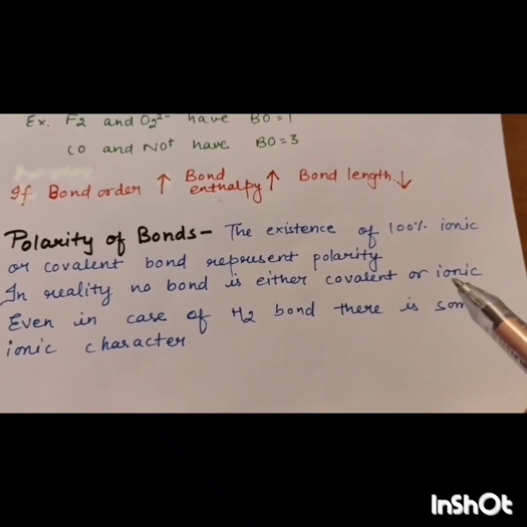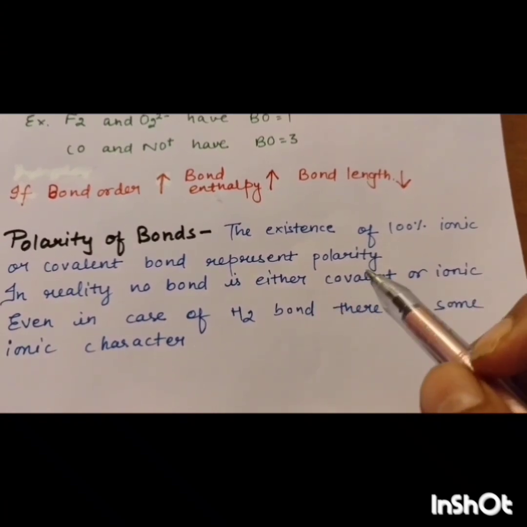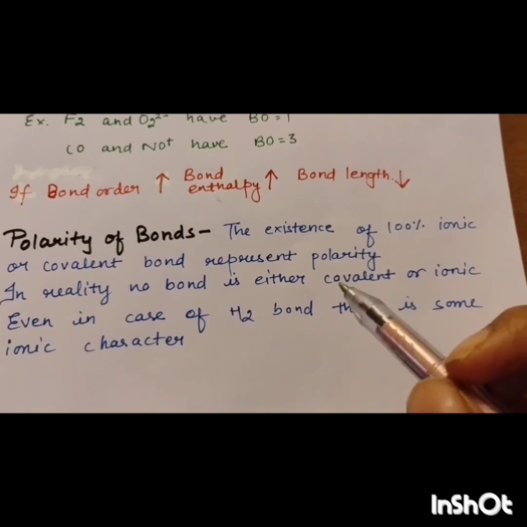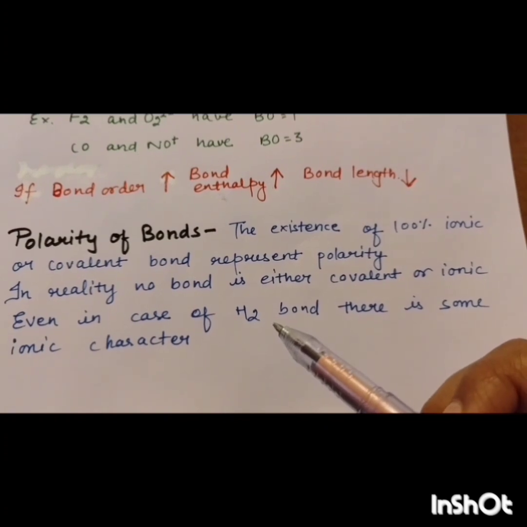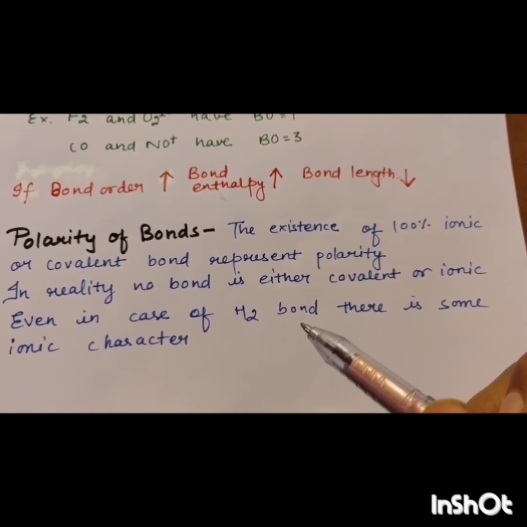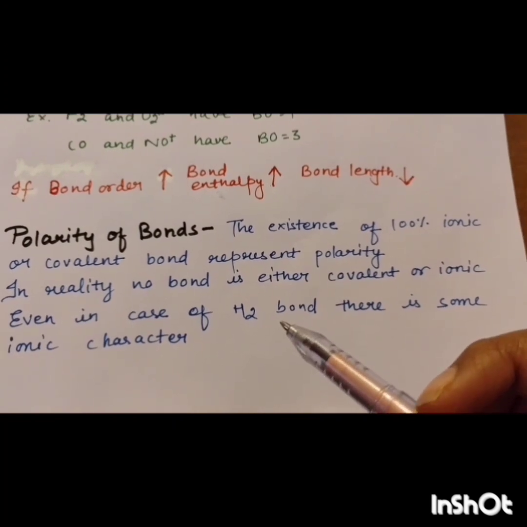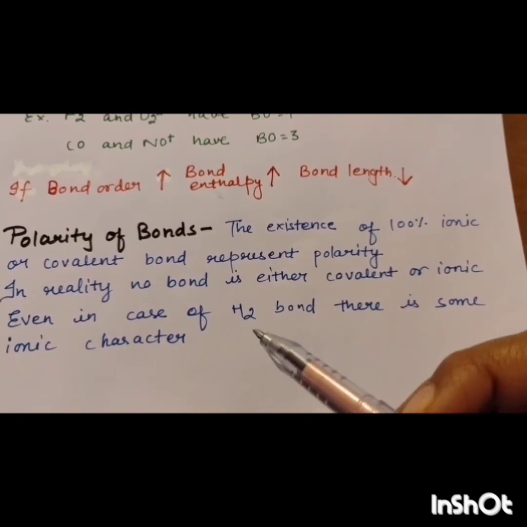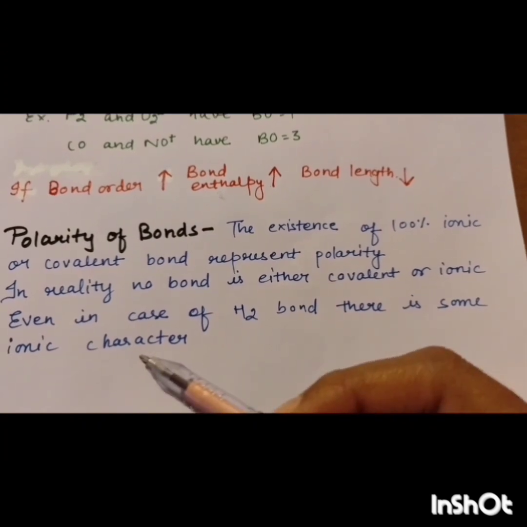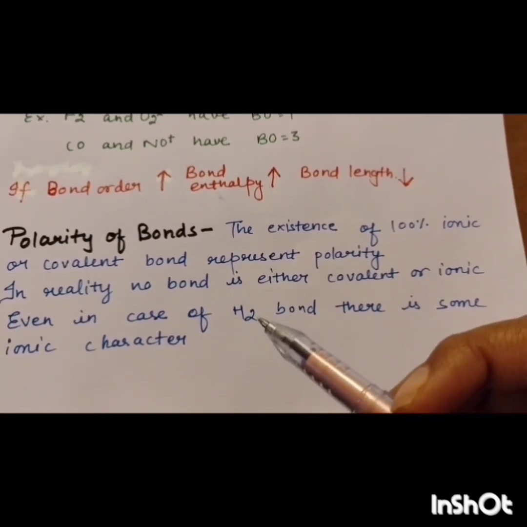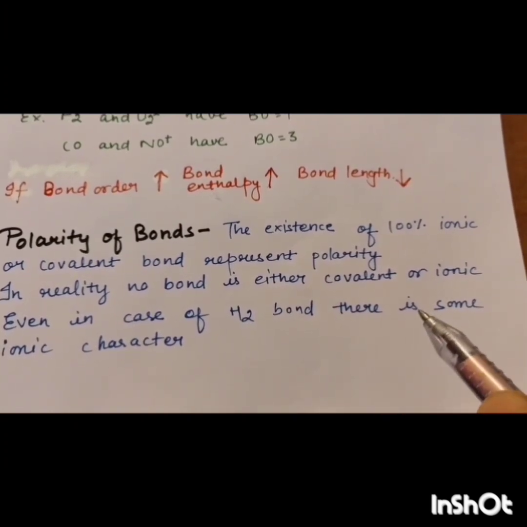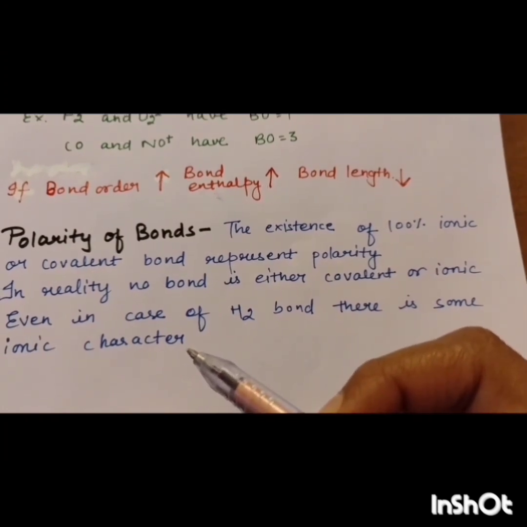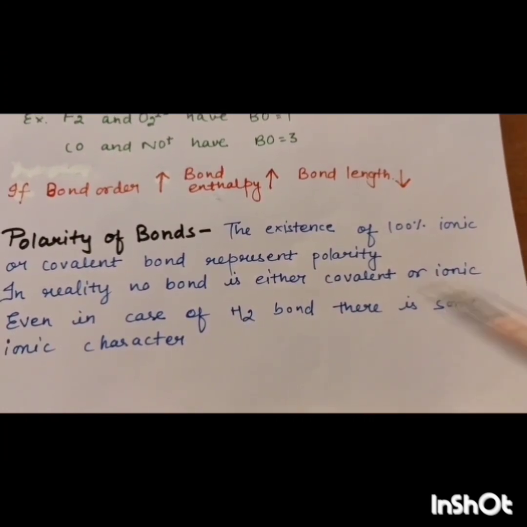In real molecules, a covalent bond has some ionic character also. For example, hydrogen has covalent bonding because of mutual sharing of electrons, but there is also some ionic character. So that is polarity of bond.